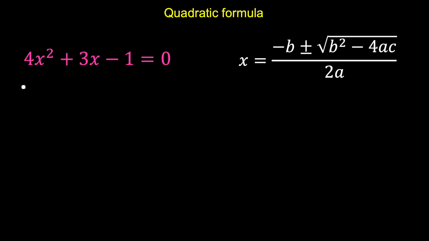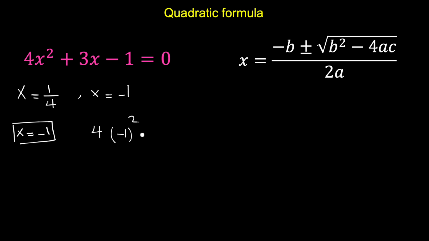So one of our answers can be 1/4 and another can be minus 1. And now we can check our answer by plugging it into the equation. So let's plug in x equals -1 into our equation. We have -1 for x, so we have 4 times -1 squared plus 3 times -1 minus 1.